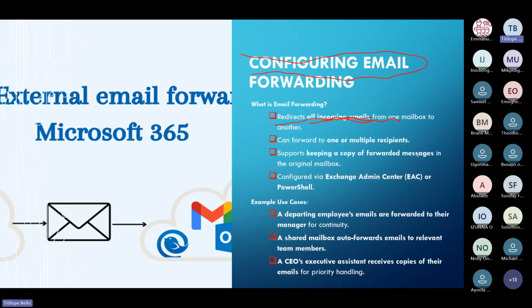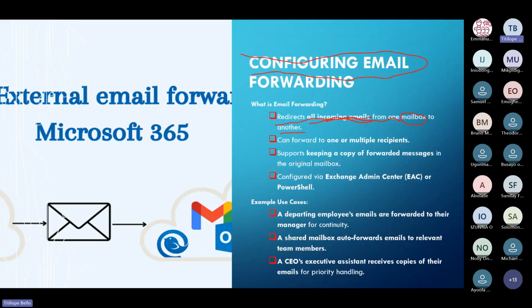So with this redirection, the email is not delivered into the person's mailbox, it is forwarded directly to another person. So if you go to the original recipient's mailbox, you will not see those copies of email there because it has been redirected to another person or another group. Then you can forward to one person or multiple persons at a time.